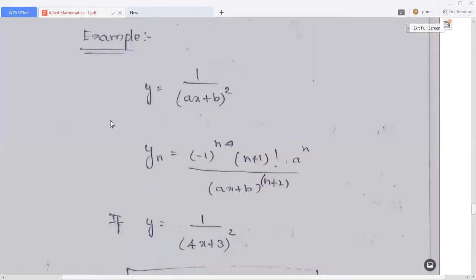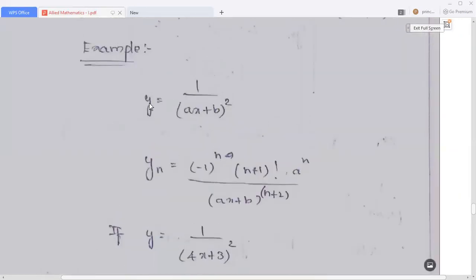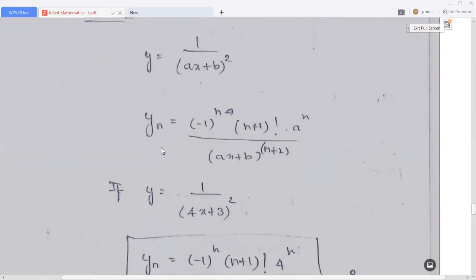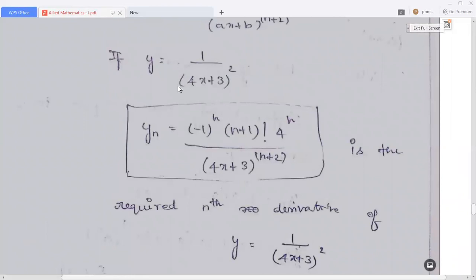Here this is the formula. If y equal to 1 by (ax plus b) whole square, then the nth derivative is yn is equal to -1 power n into (n plus 1) factorial into a power n, whole divided by (ax plus b) power (n plus 2).